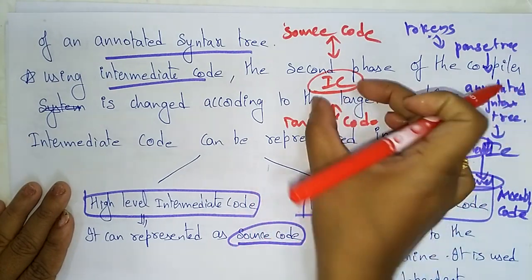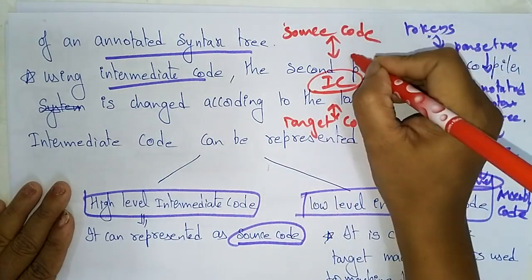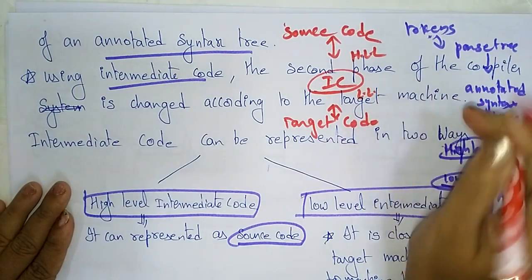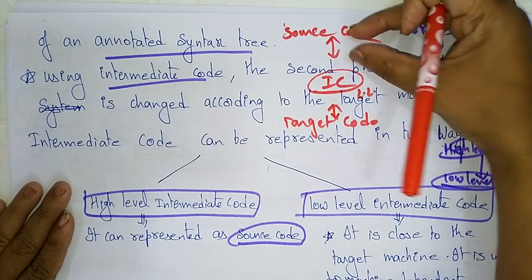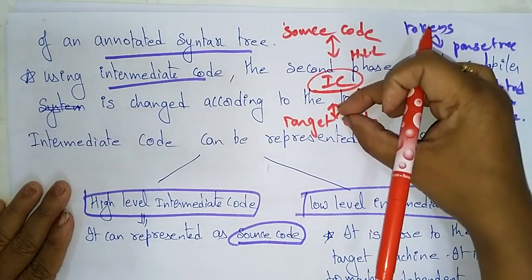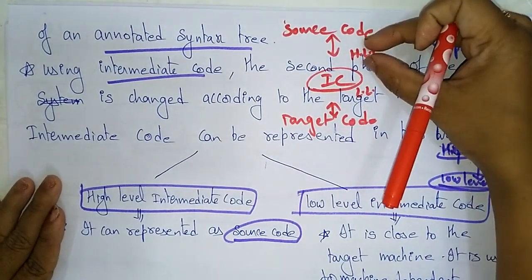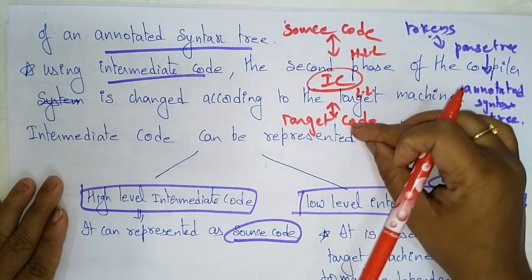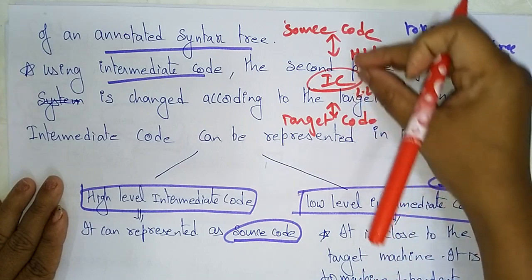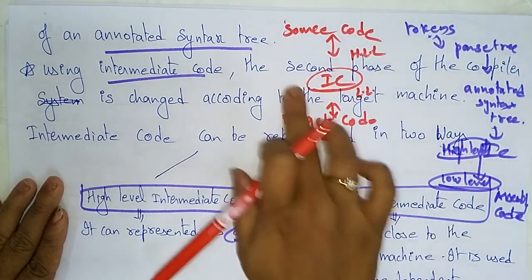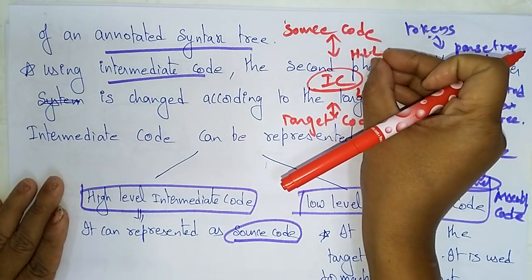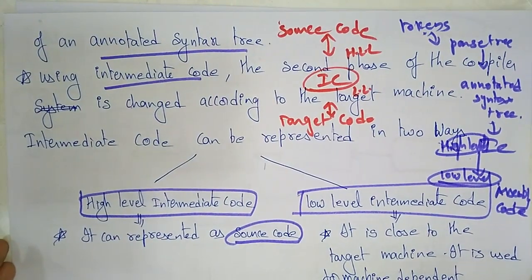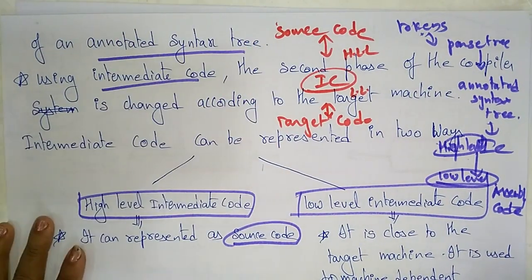This intermediate code is at the top in high level language, and at the bottom it is in low level language. All the data that is taken as input before that is in high level, which is a source code, and below that the intermediate code is in low level, because it is reaching the target machine. So this intermediate code is just taking the source code as high level and converting it into the low level, which is helpful to the target machine. I hope you understand what exactly this intermediate code was.